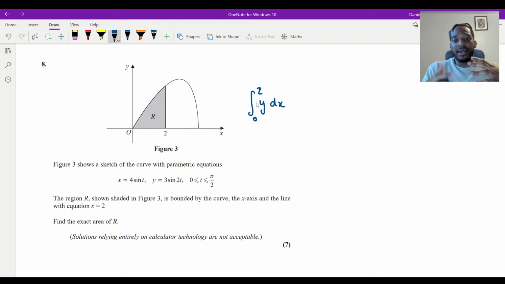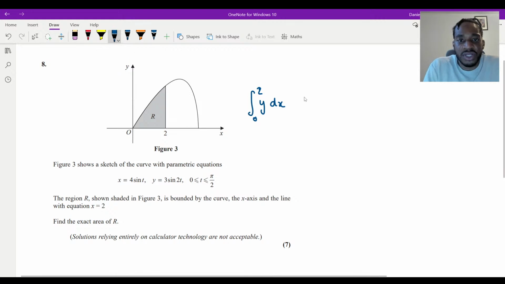Now, if you want to integrate parametrically, there's a formula for it. You can memorize it, but there's a way that I like to memorize it. I know that parametric and Cartesian forms are equivalent, so I'm going to put equals.